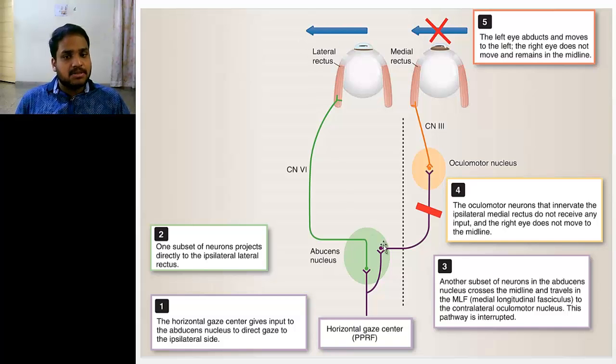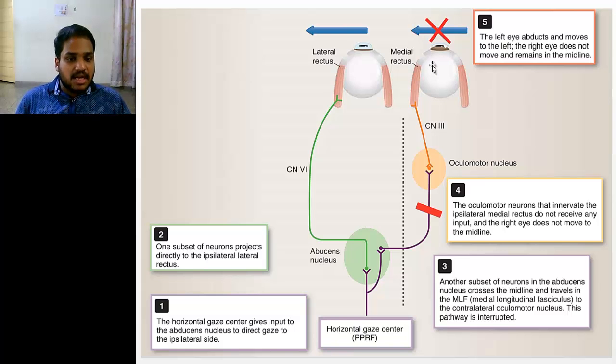But the communication between the abducens nucleus and the oculomotor nucleus is gone, because the right medial longitudinal fasciculus is damaged. So the medial rectus does not function. The left eye will abduct, but the right eye does not move and remains in the midline.